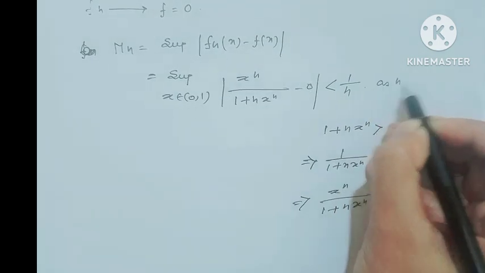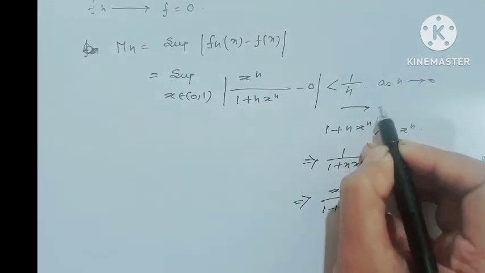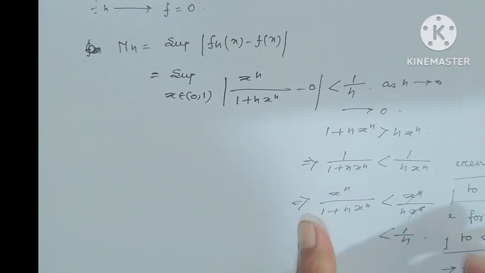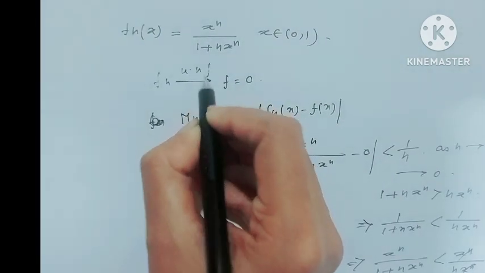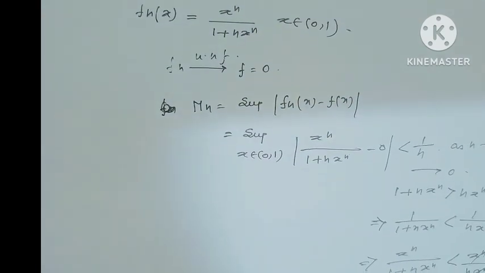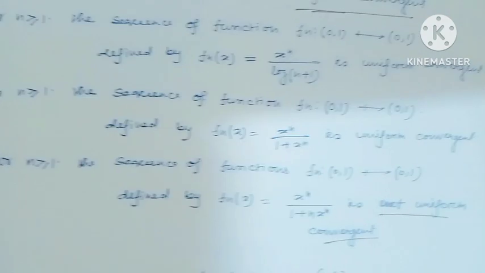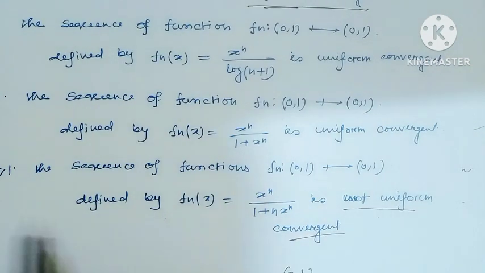As n tends to infinity, this value goes to 0. So this sequence of functions converges uniformly to the function 0. But here the question indicates this is not uniform convergence. This is also a wrong option.